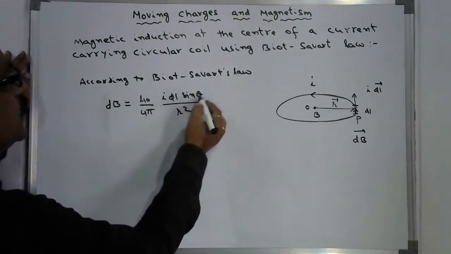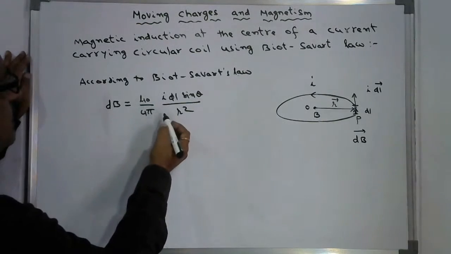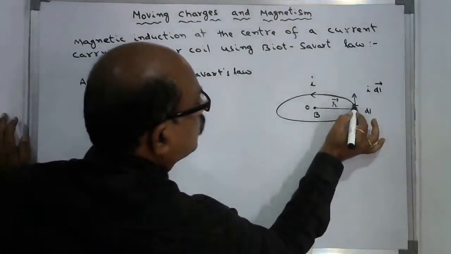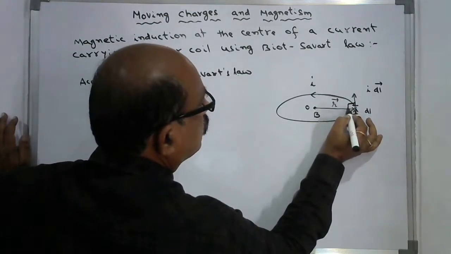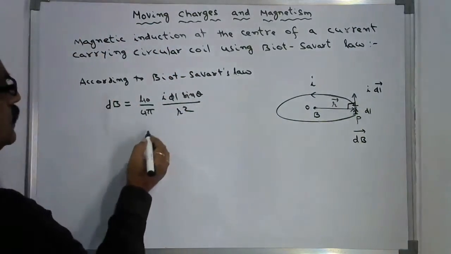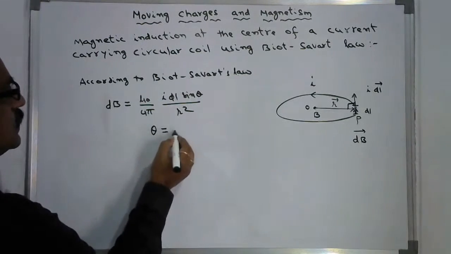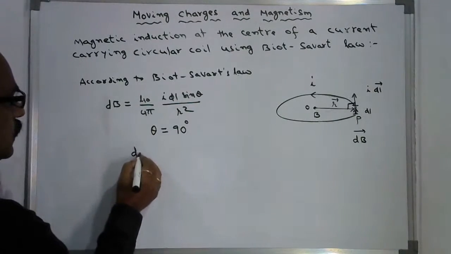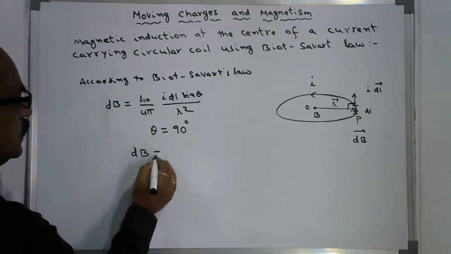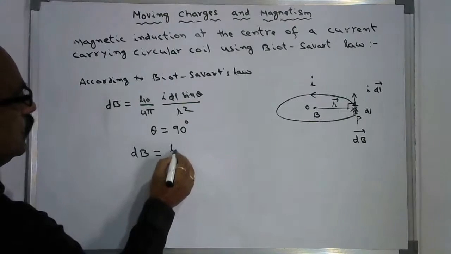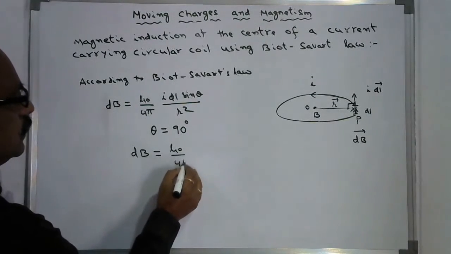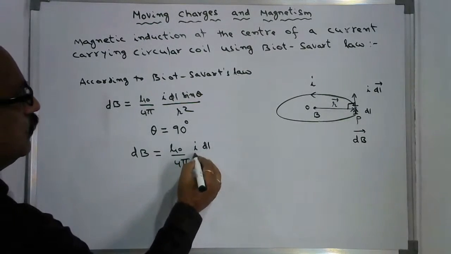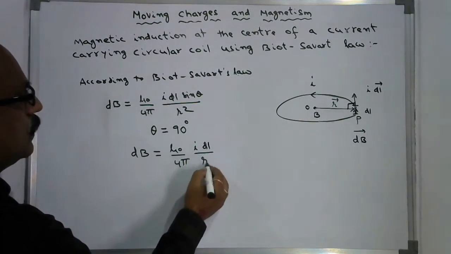Theta is the angle between dl and r, and this is 90 degrees. Since theta is 90 degrees, we can write the magnetic induction dB is equal to mu naught by 4 pi, I dl by r square.